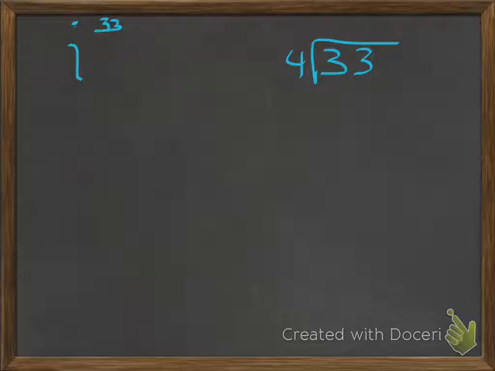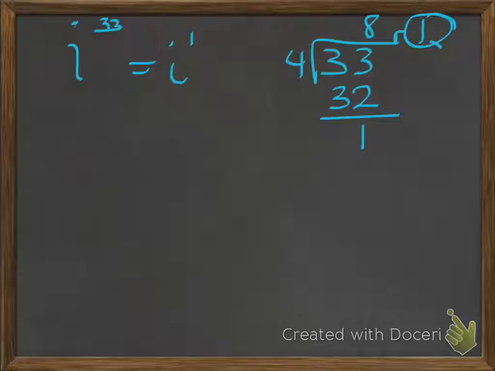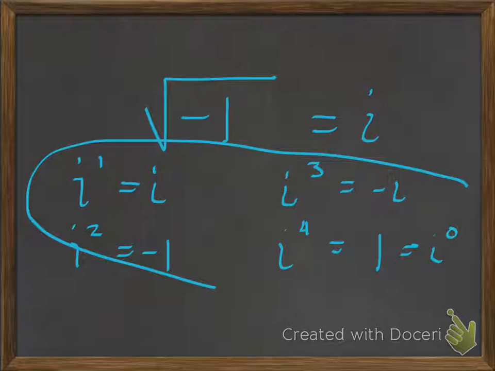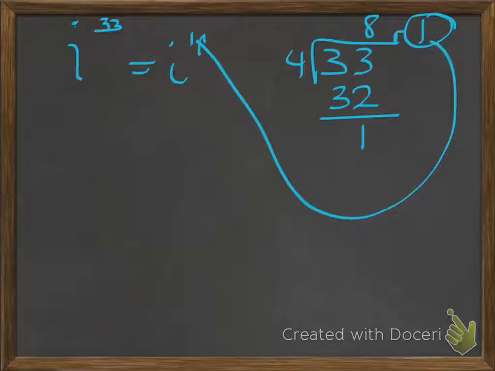How many times will 4 go into it evenly? 8, giving us 32, with 1 for my remainder. So that means this is the same thing as i to the first. It always is i to the remainder. And then I use that chart, what I told you have to have memorized, and figure out what that would translate to. i to the first is just i.